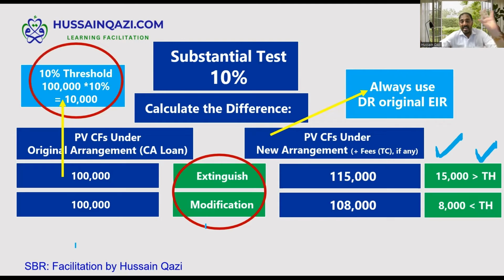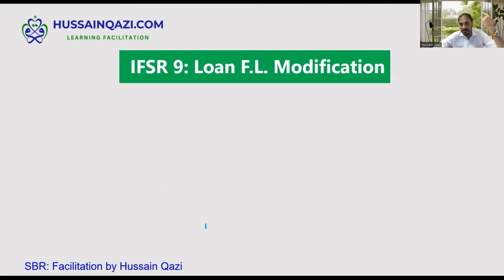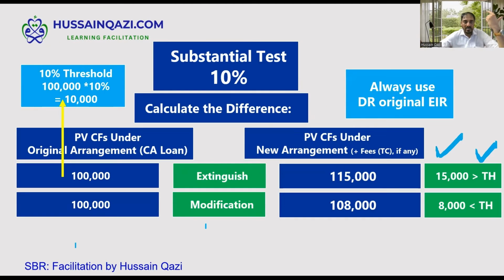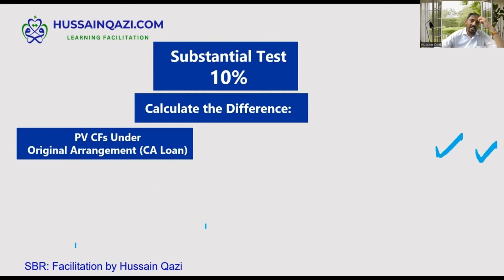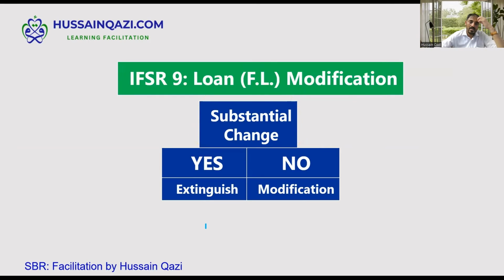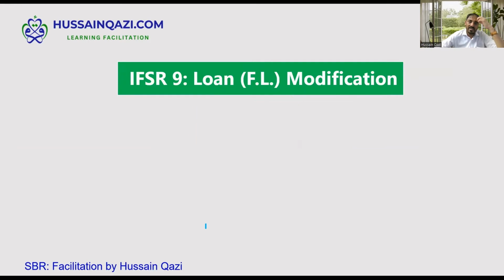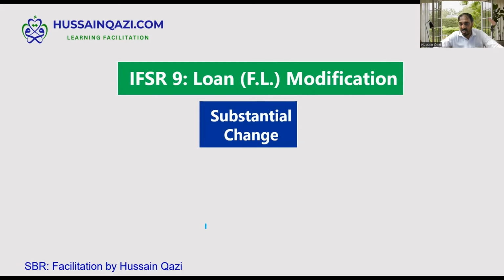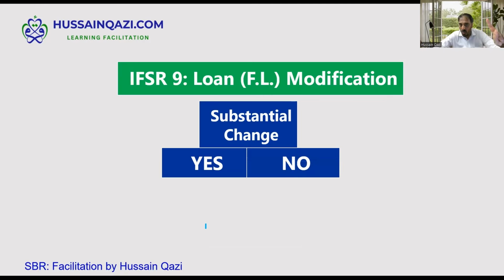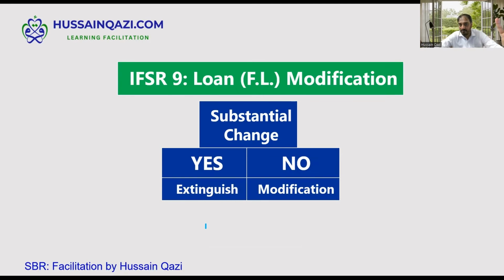That's a point, and this is based on the 10% threshold. Now, make it very clear once again. IFRS 9 loan modification is based on substantial change. Is there substantial change, yes or no? If yes, that's called extinguish. No means modification.